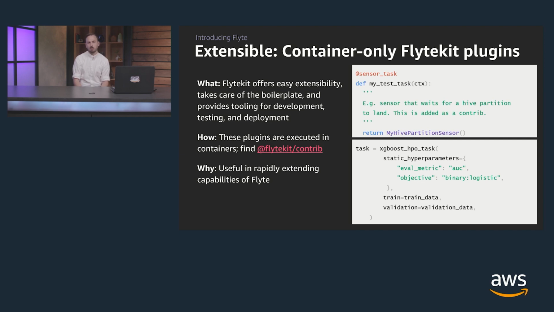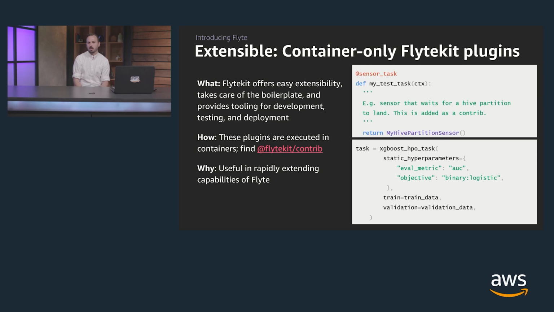This sensor task would be a simple object or decorator defined in a Python library, which can be imported by any user of Flight, which will enforce this behavior where if you return a sensor object, the plugin will in the background poll on a Hive partition, maybe an S3 path, until data becomes available. And this is very simple. It will allow really rapidly extending the capabilities of Flight without making significant backend changes.